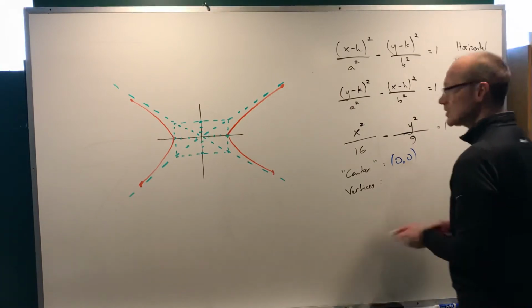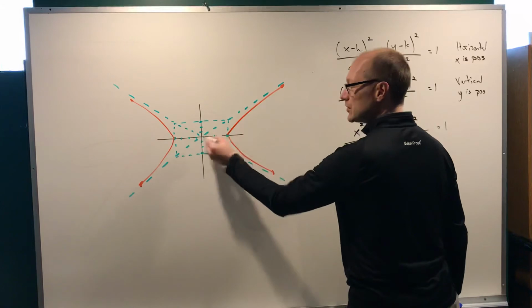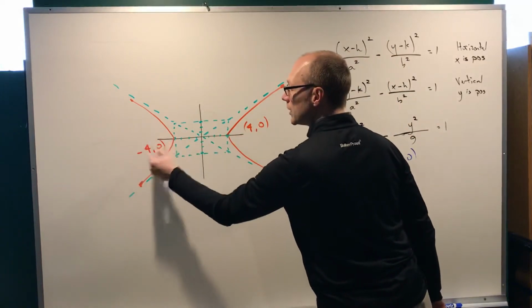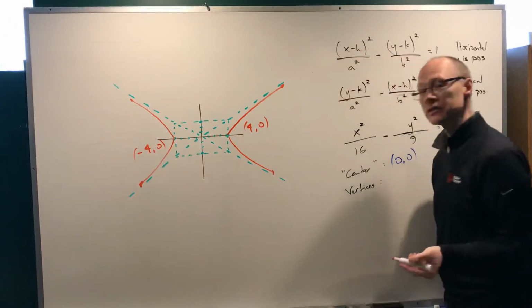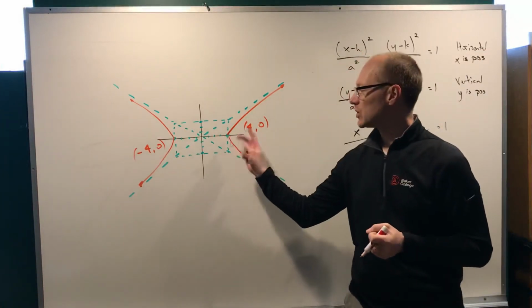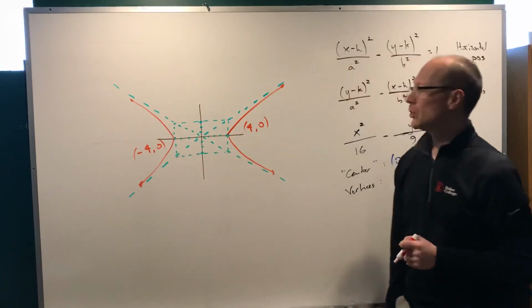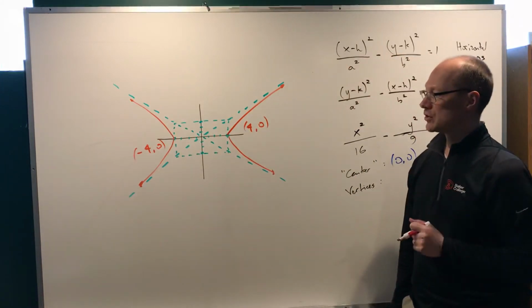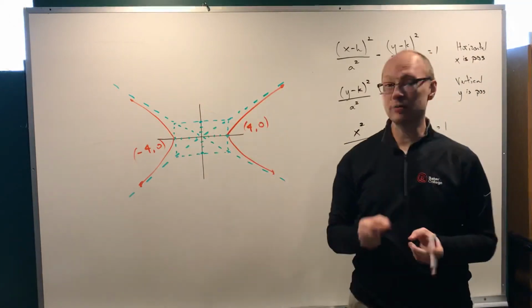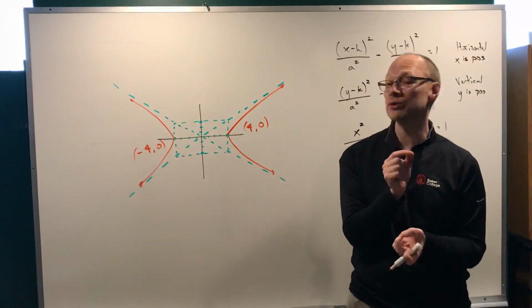Now there are a couple of points here. This right here is 4, 0. This is negative 4, 0. Those are my vertices. Just like the vertex of a parabola, it's the point right here that's closest to the other half. Does that mean that 0, 3, and 0, negative 3 could have been vertices?